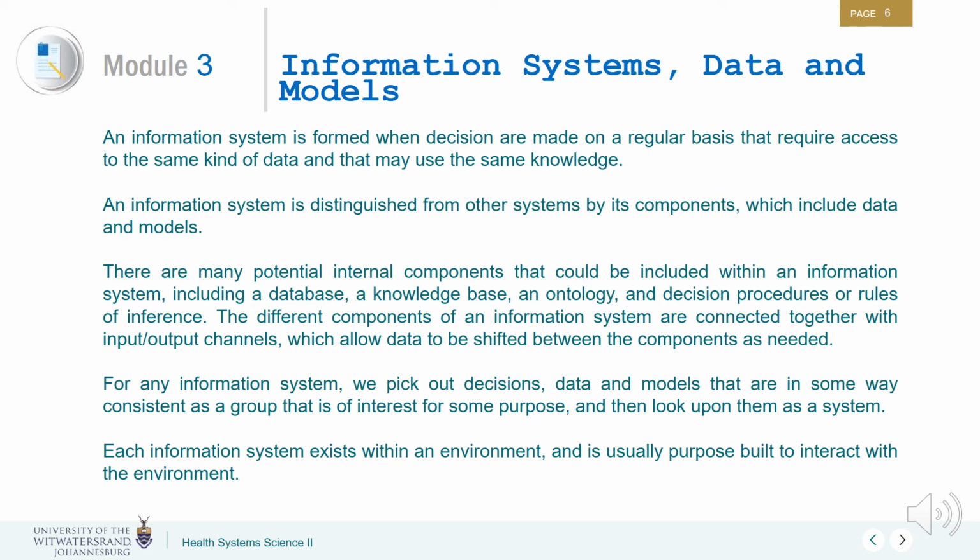So the different components of an information system are connected together with input and output channels, which allow data to be shifted between different components as we might need them.